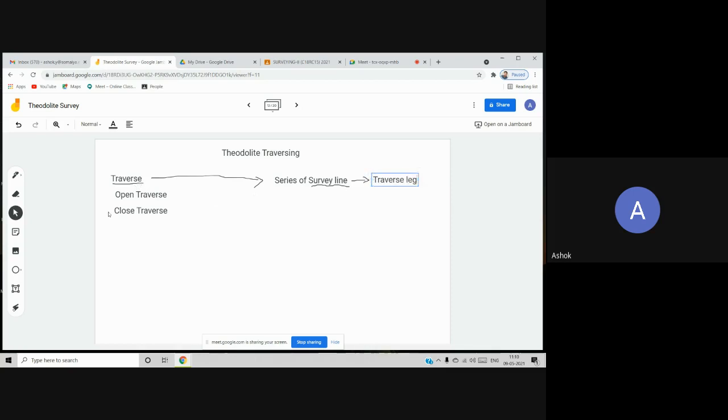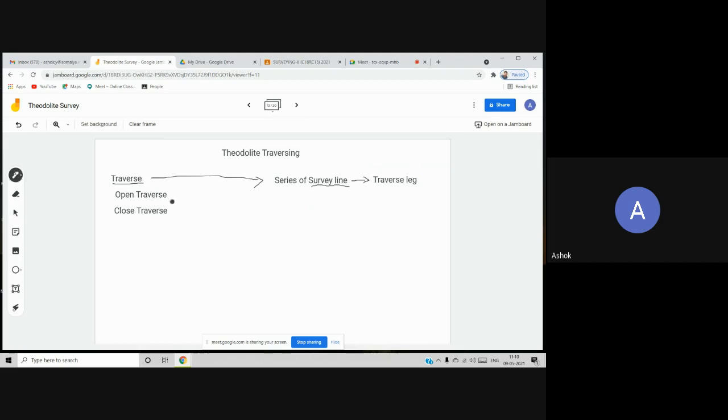So traverse is a series of interconnected survey lines which have well defined station points. Each survey line will have two station points.